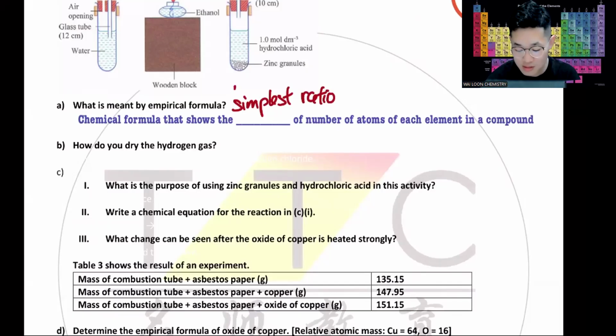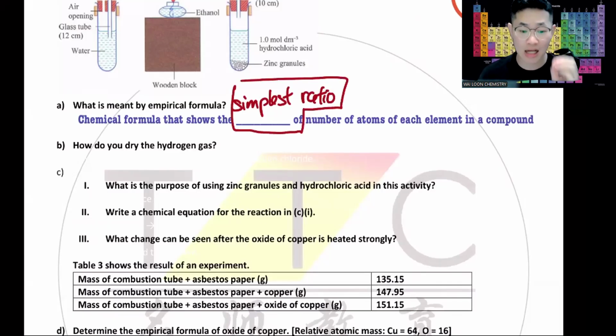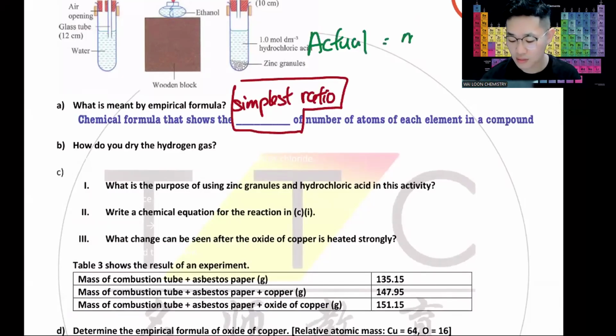So the difference between this and the one just now is that one was the actual number of atoms of each element in the compound. This one is the simplest ratio of number of atoms of each element. That means you have to change the word actual to simplest ratio of.